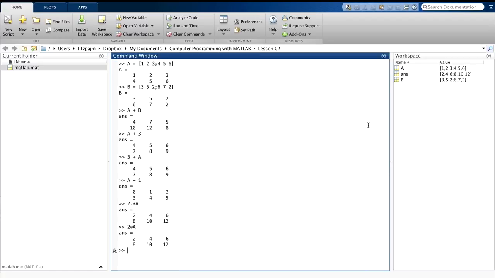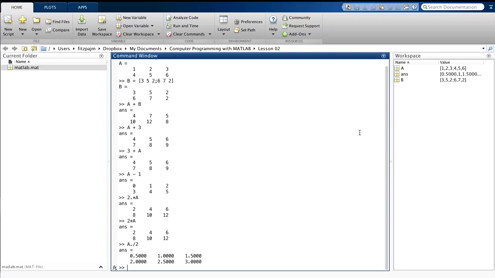And we can divide. A dot slash 2, array division of A by 2, divides each element by 2. And you can go the other way, 2 dot slash A, divides each element of A into 2.